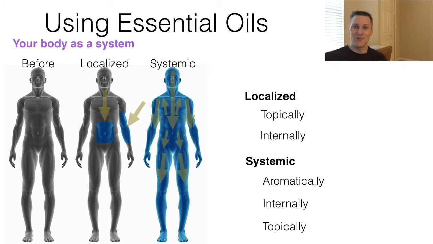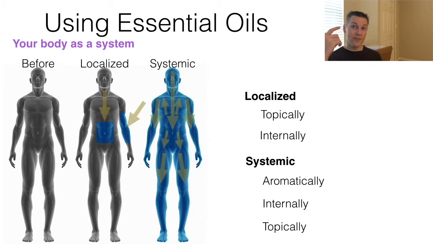Okay, aromatically means breathing the essential oil in, as it enters the body through your olfactory sensors. Those are the sensors in your nose, your smell detectors. It's how you smell things. It can also enter your body through your lungs. Generally, the effect either way is going to be systemic.